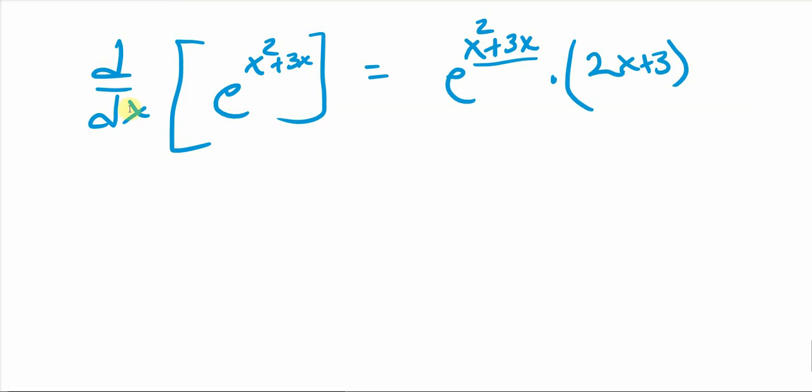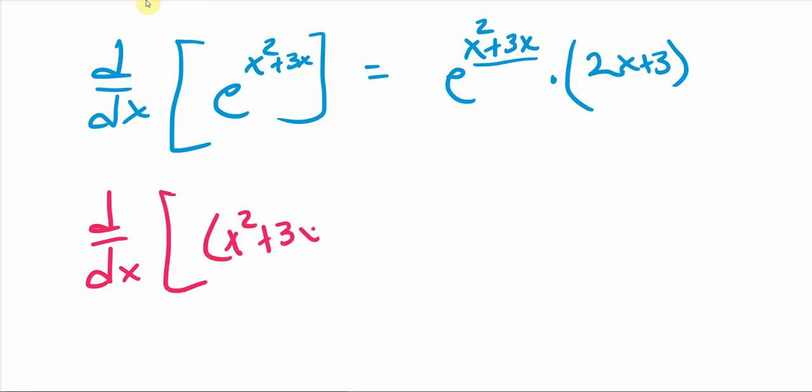Alright, let's try another one. Let's try the derivative of x squared plus 3x plus 7 to the 5th power. Okay, so now this here is my something. So let's pretend it's something to the 5th.